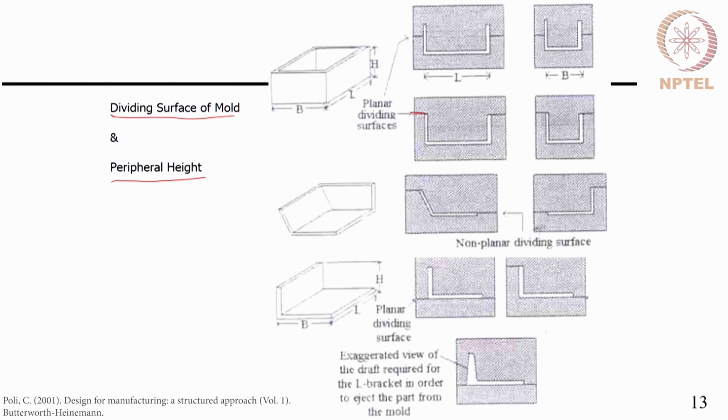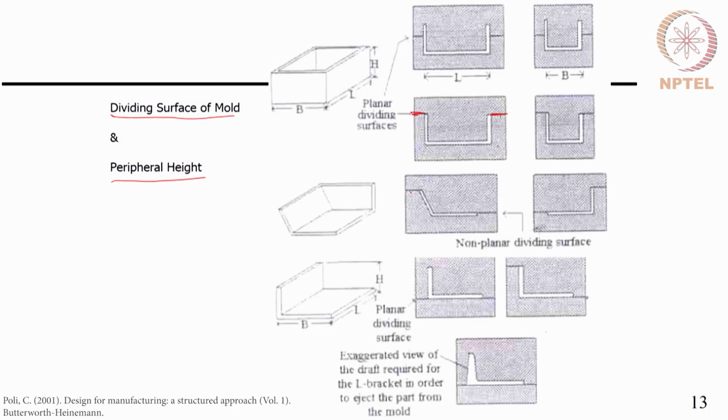Planar dividing surfaces are most preferred because they can be matched across the mold plates, and thereby machining cost associated with planar dividing surfaces is less. If this surface is not planar, then matching the two plates having non-planar dividing surfaces becomes a challenge in terms of manufacturability, and thereby the mold cost will increase.